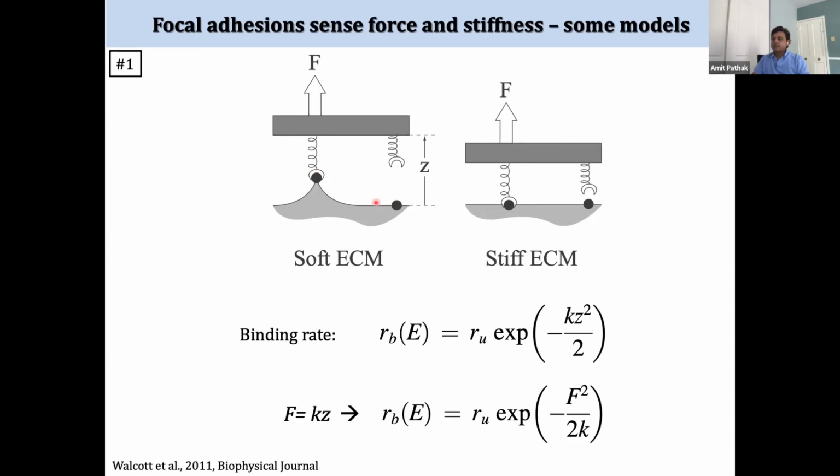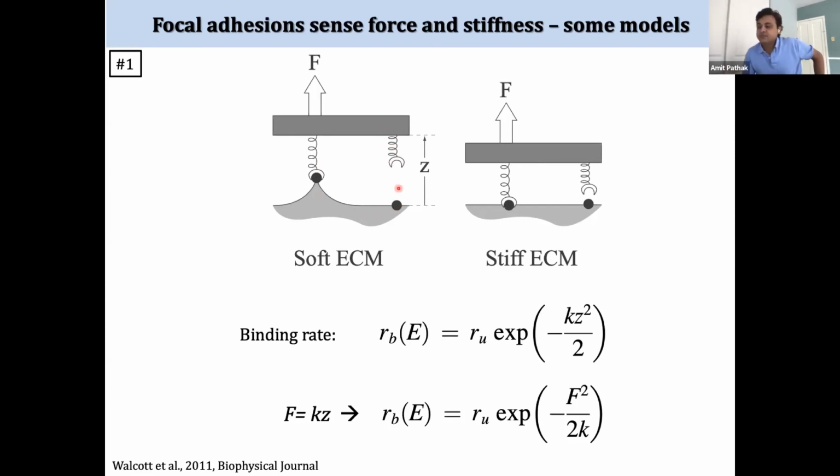As a result, the distance between the other parts of the ECM and the focal adhesion will become higher. So now this new adhesion that is waiting to attach to this black dot, the distance between the two has gone up because the ECM is soft. Now with the increasing distance, the probability of this bond formation will go down just based on proximity.